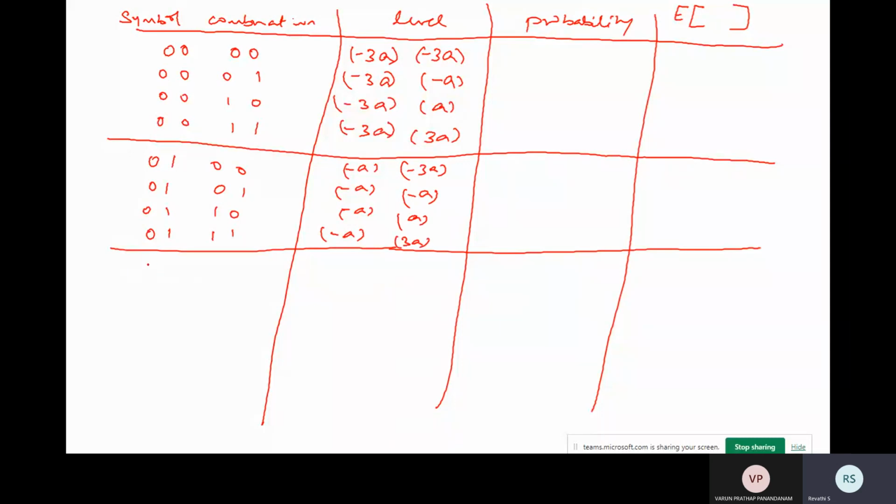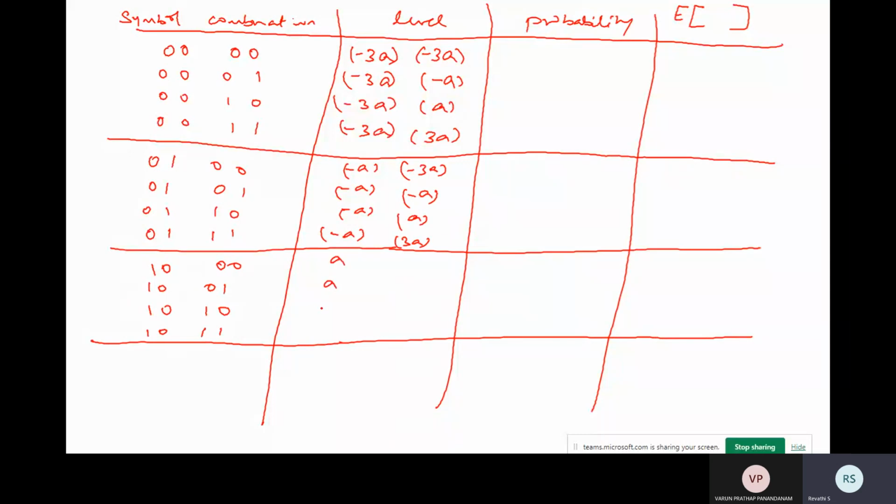Okay, or you can also have 1 0 in the first duration with 0 0, 0 1, 1 0, 1 1. So here in the first duration you have 1 0, which is plus a, and it is going to get multiplied with minus 3a, minus a, plus a, and plus 3a.